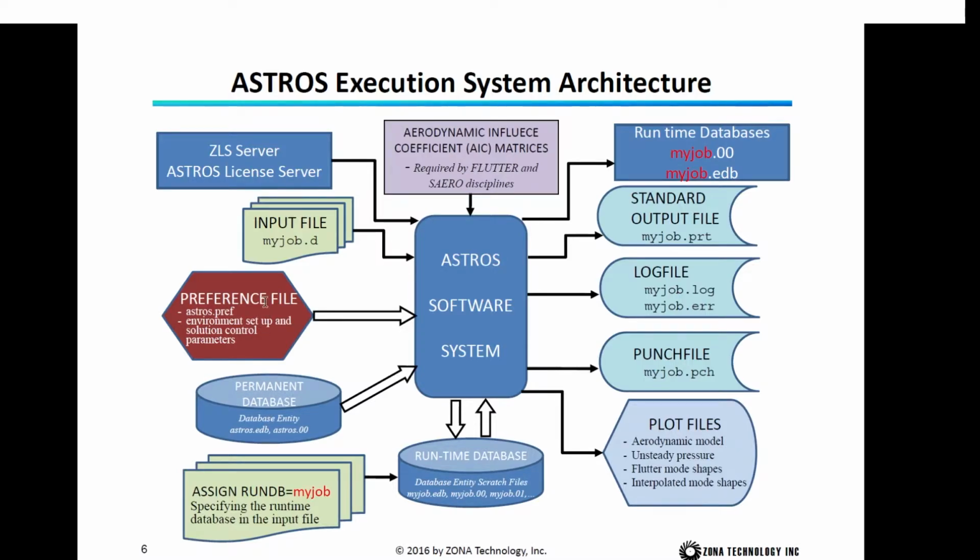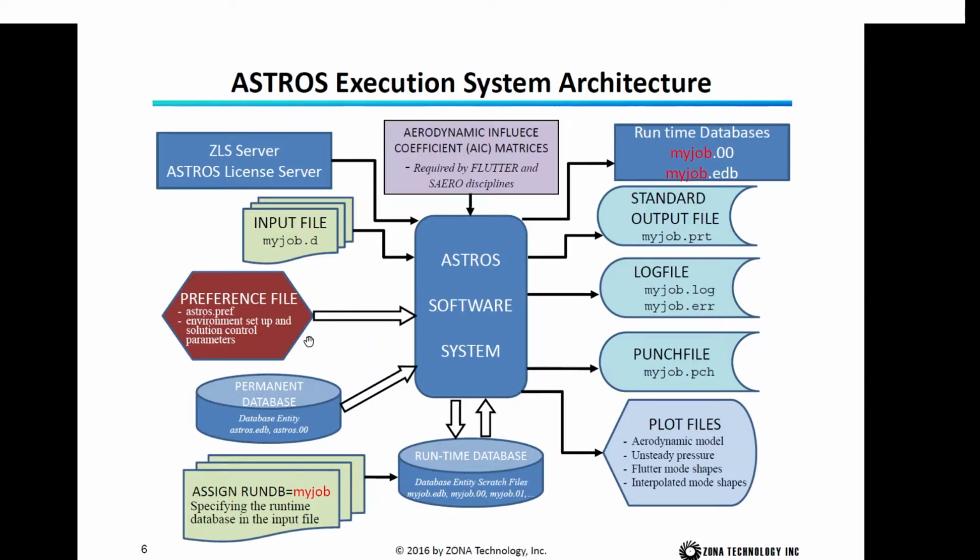The preference file and the permanent database will be automatically installed while you are installing ASTROS software, and the installation software will automatically put the preference file and the permanent database called astros.edb, astros.00 in the home folder of ASTROS. And while you are running ASTROS, you have to define a runtime database using assign runDB in the input file, and then you will create a runtime database.